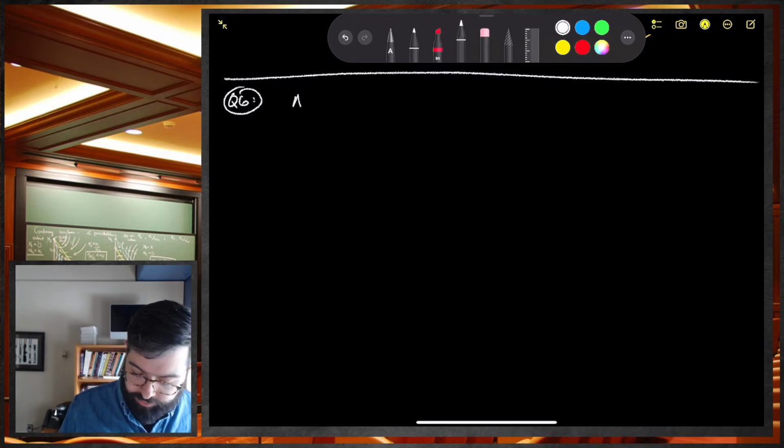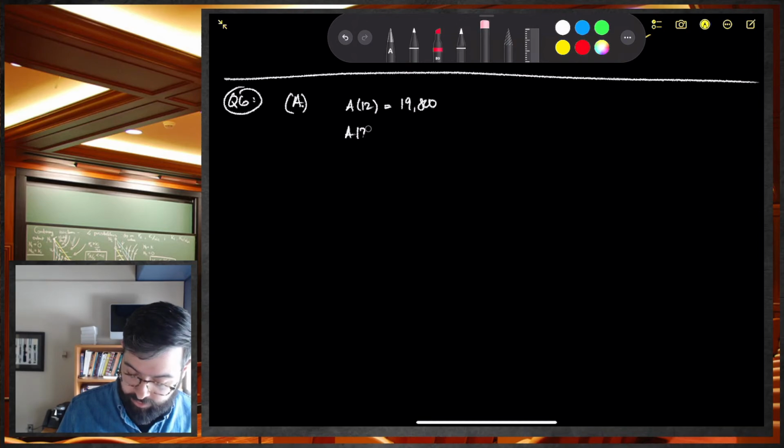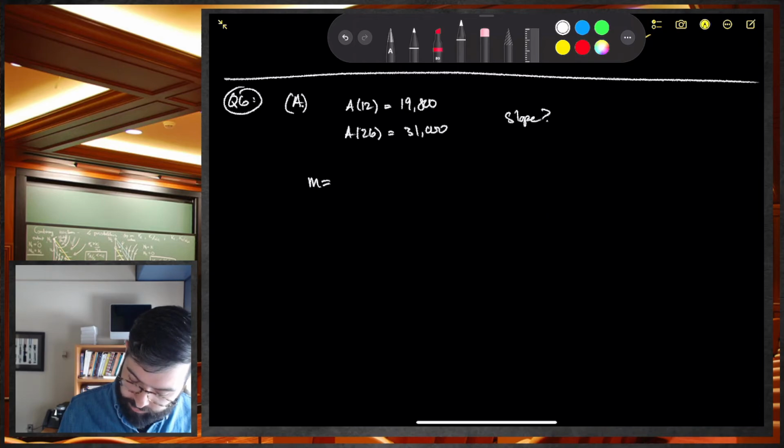All right, and lastly, for question 6, it's saying for part A, if A of t is linear, we know that A of 12 is 19,800. We know that A of 26 is 31,000. What is the slope? Well, the slope is the change in the output, delta A, over delta t or delta x. So these are our outputs over here, and these are our inputs here.